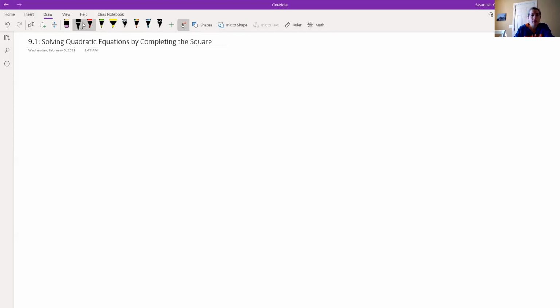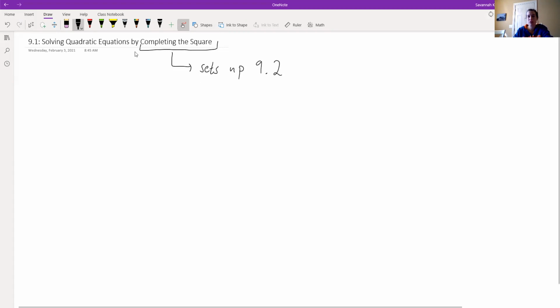The reason that completing the square basically exists is it sets up what I'm going to assume is section 9.2, the very next section. 9.2 is really important, very common, use it all the time in math. So it's always tempting to skip completing the square at this point, but who knows, at some point in the future, you may need it. So just bear with the pain and suffering here.